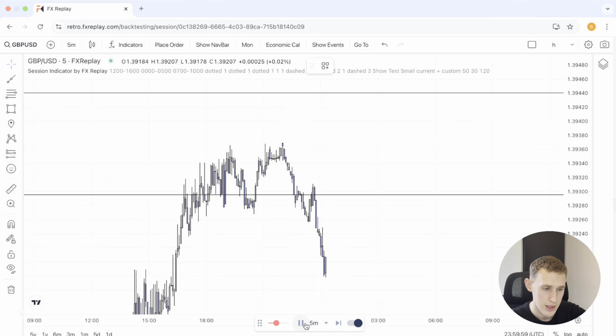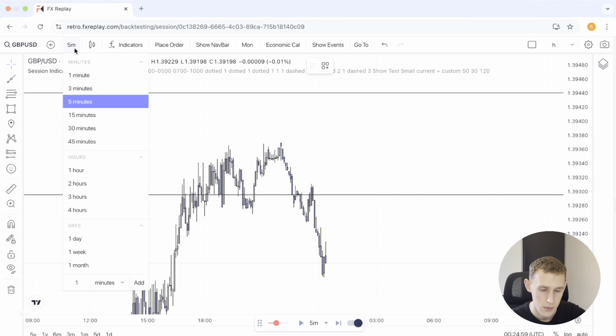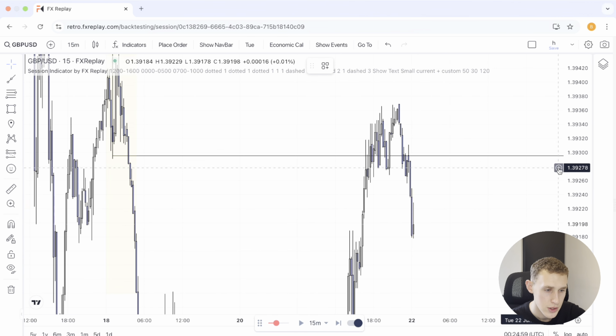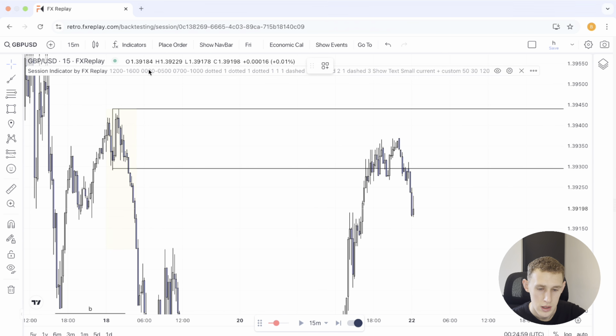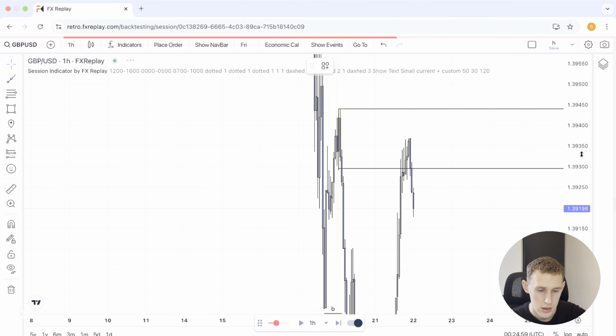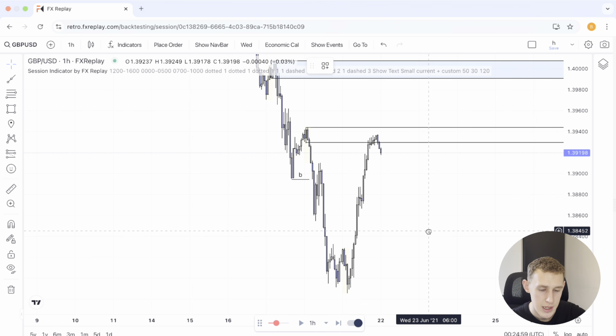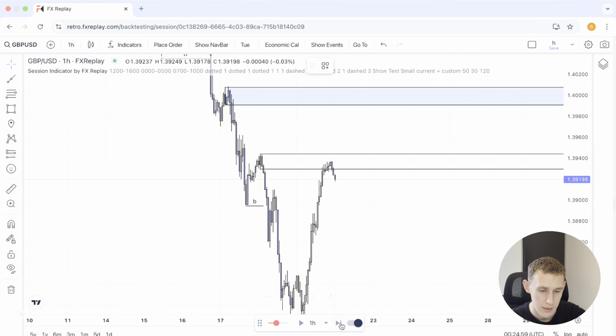Yeah, there we go. So you can see there, price is starting to flip bearish from this area. For me at the moment, I need to see a little bit more. This isn't very convincing.